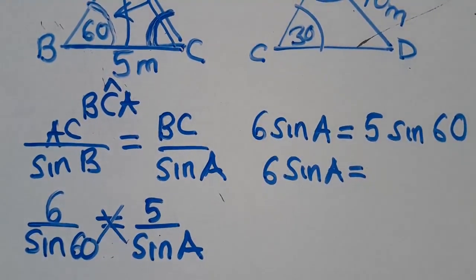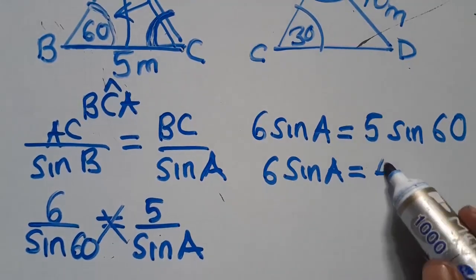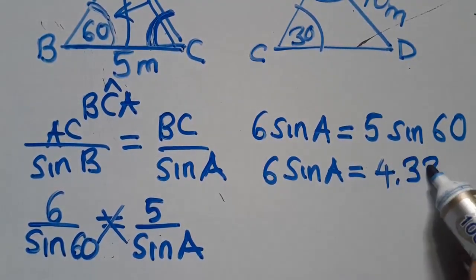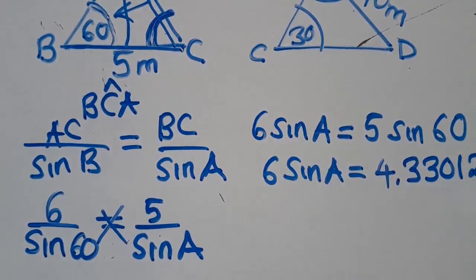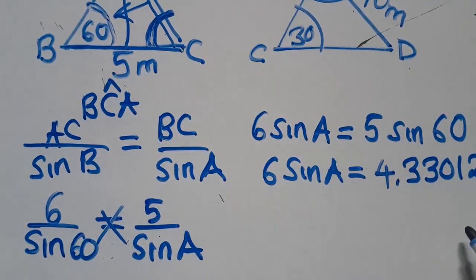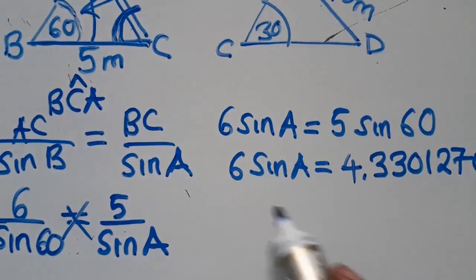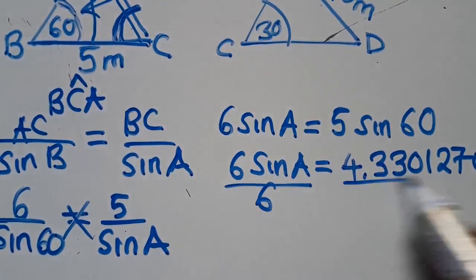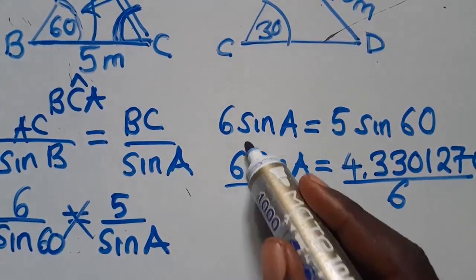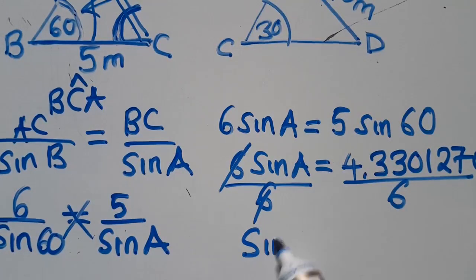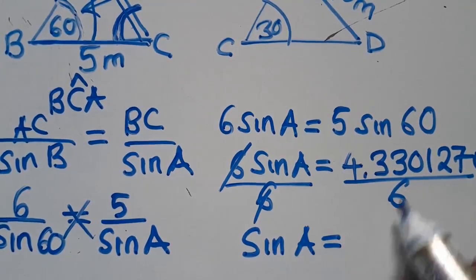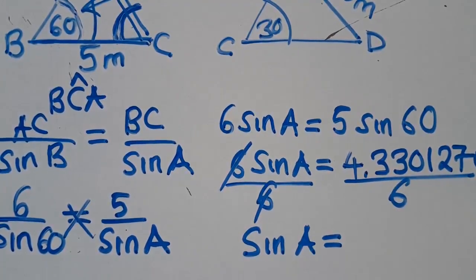It is 4.330170. Then you divide by 6. You also divide by 6 this side. 6 cancelled. You remain with sine A is equal to, what is that number divided by 6?